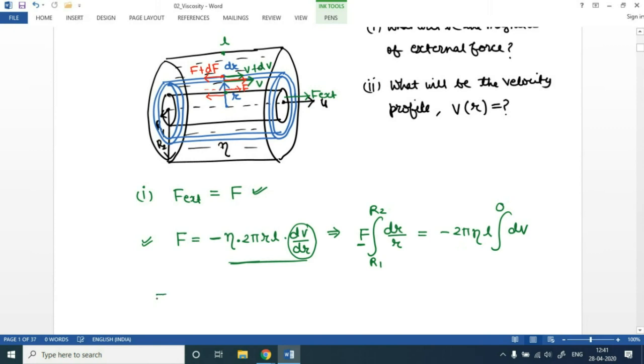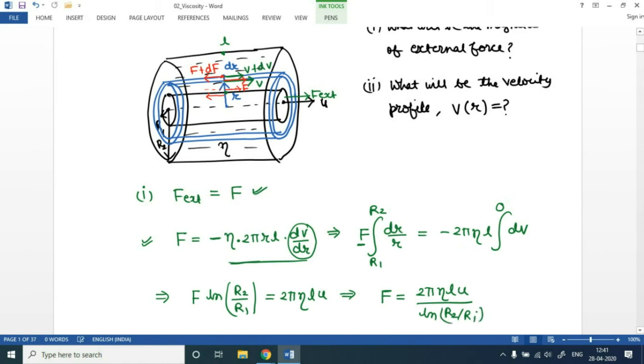So when we substitute these values, what we get is F into ln r2 by r1 is equal to 2 pi eta L u. So this gives us the magnitude of this force F. That would be 2 pi eta L u divided by ln r2 by r1 over here. So the first part of this question we are able to solve.